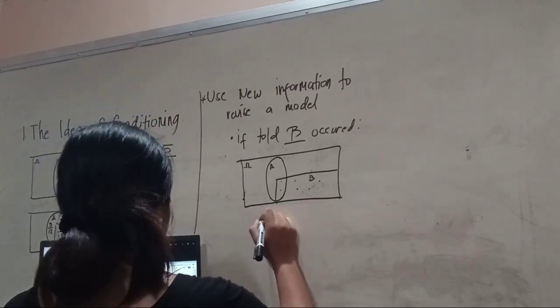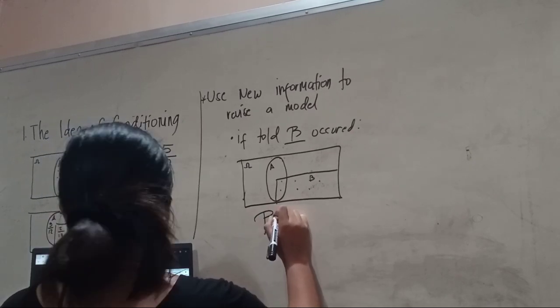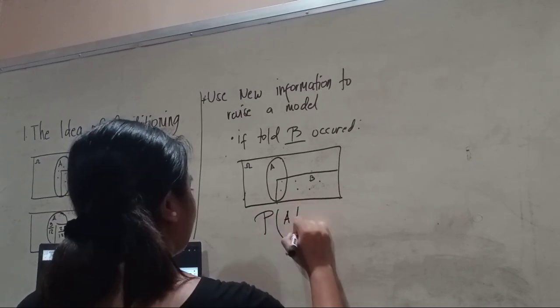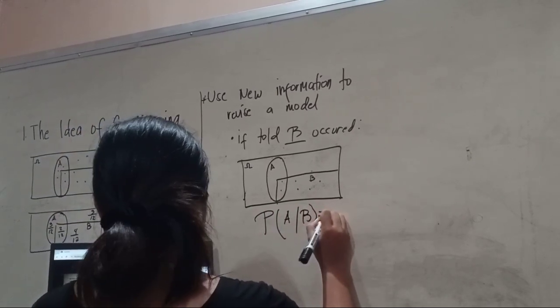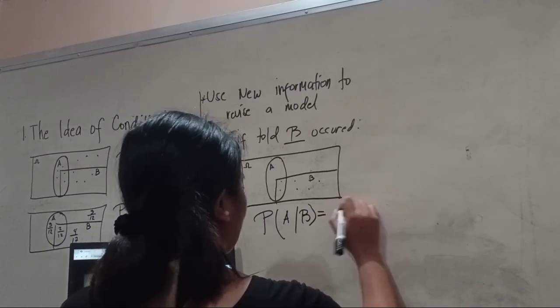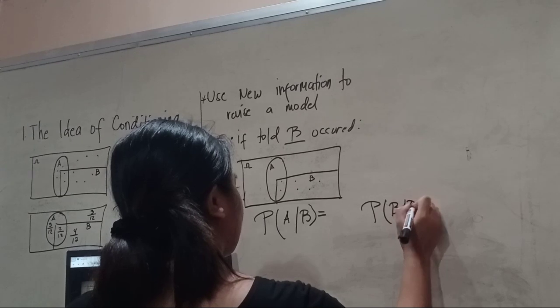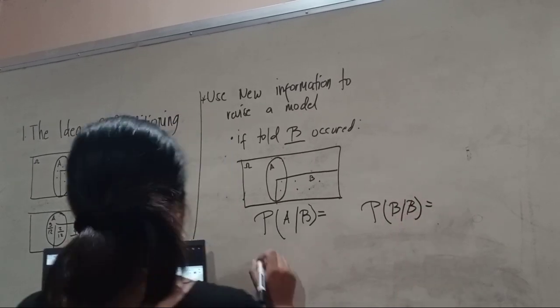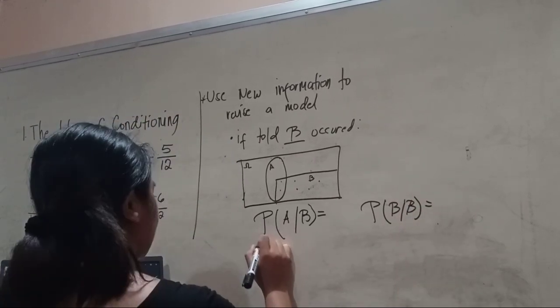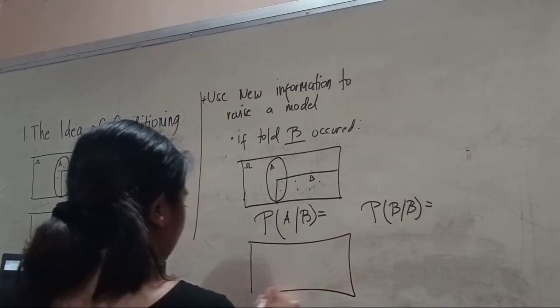So the formula is the probability of event A and B is equal to, then the probability of B and C is equal to. Then let's draw another box.